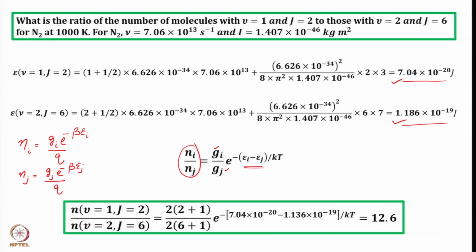Now the degeneracy for rotational levels of rotors, g_J is equal to 2J plus 1. So in the first case, v is equal to 1, J is equal to 2. So 2J plus 1 is 2 into 2 plus 1, which is 5.